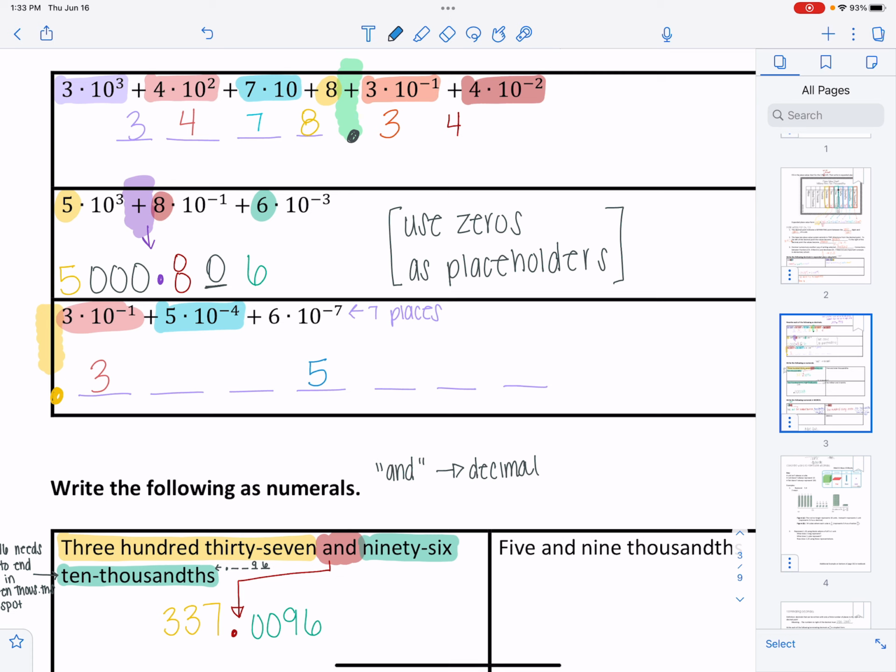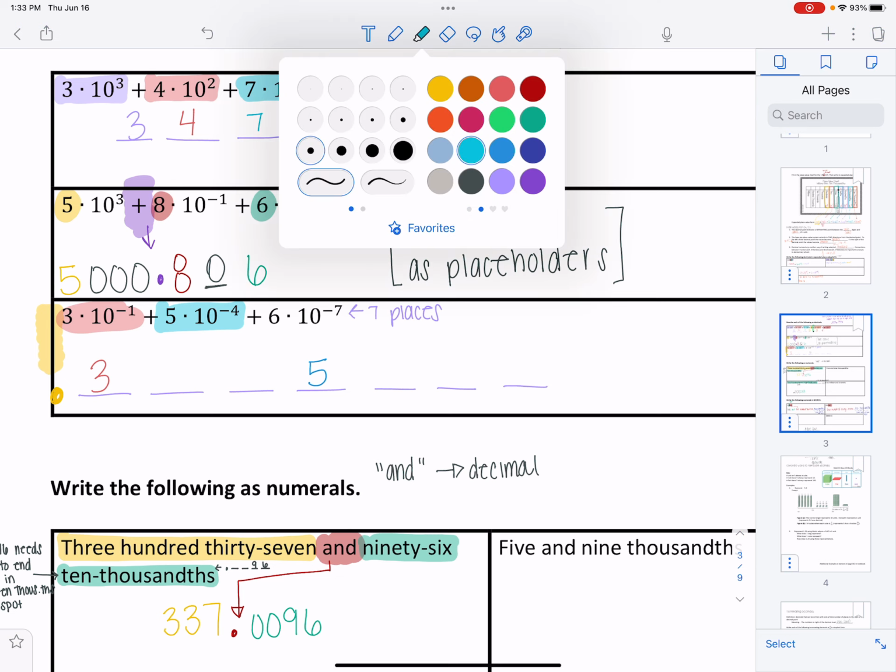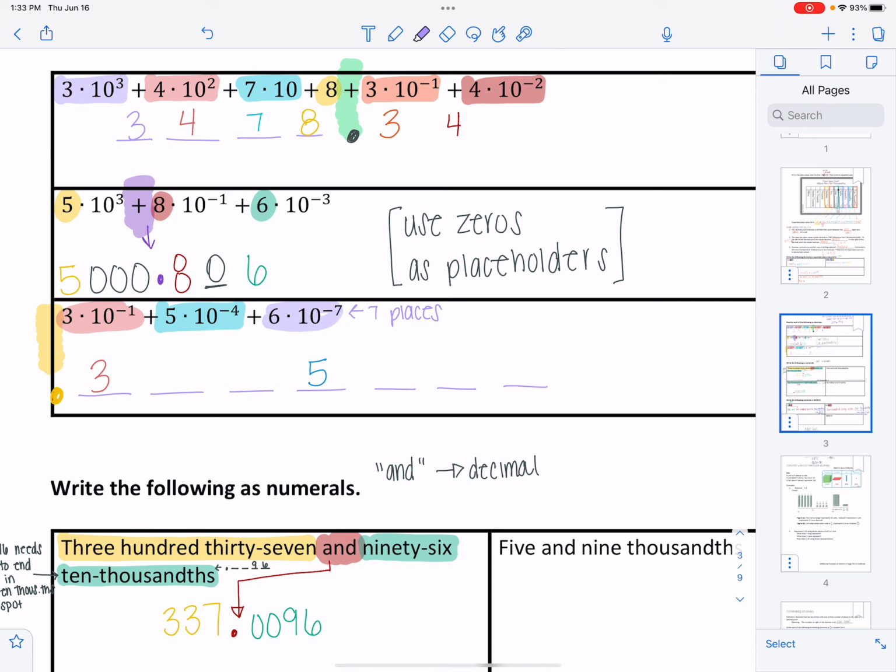And then the last one, 6 times 10 to the negative 7 is going to go in the 7th spot. And then I'm going to fill in all those blanks with zeros. And so you could write this as 0.3005006, or you could leave off that 0 in the front. Probably in my lab, you'll have to put the 0 in the front.